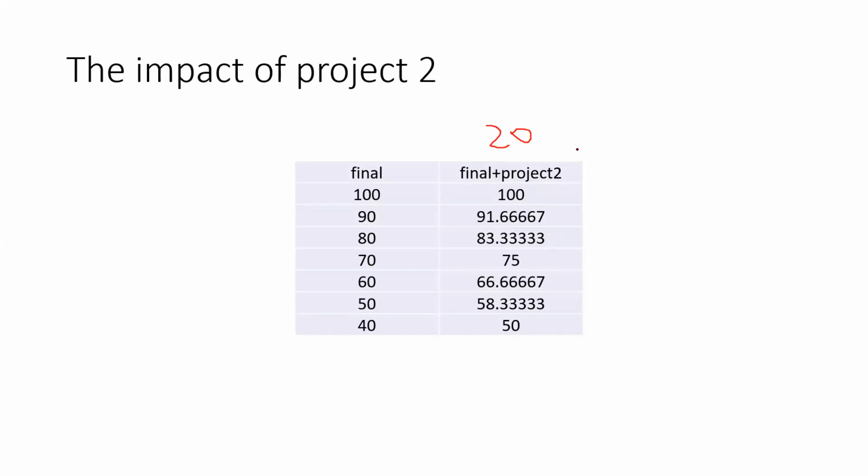If you get 20 for project 2, it has less impact if you have a higher credit in the final examination. If you get a full score in project 2, it's more helpful if you get a lower credit in the final examination.